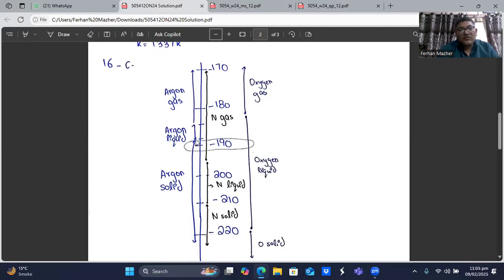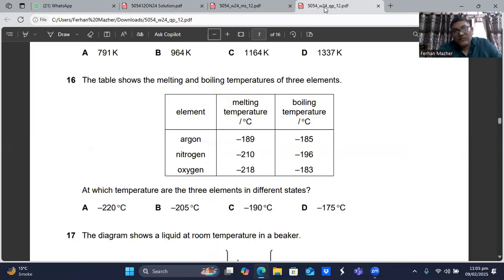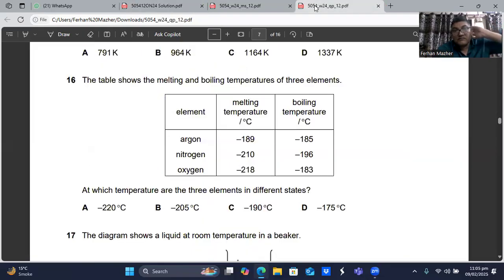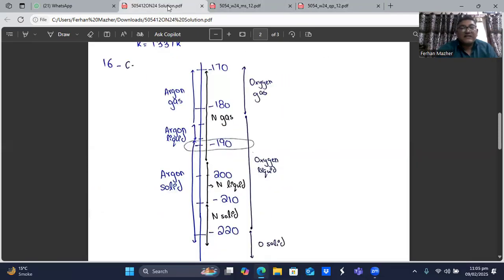From 189 to 185, the argon will be in the liquid state. At temperatures higher than 185, it will be in gas form, and below this the argon will be solid. In the same way, nitrogen has minus 210 and minus 196.